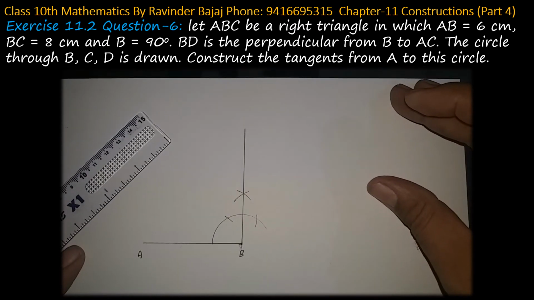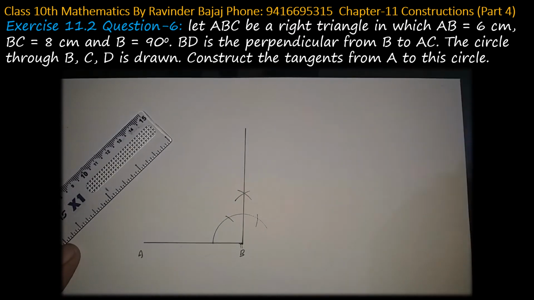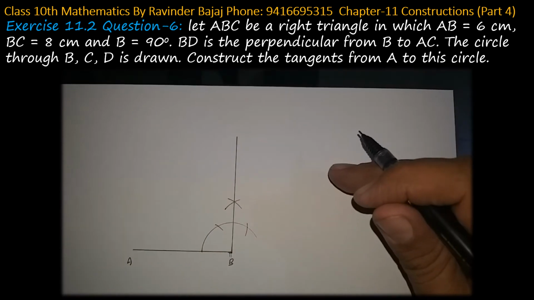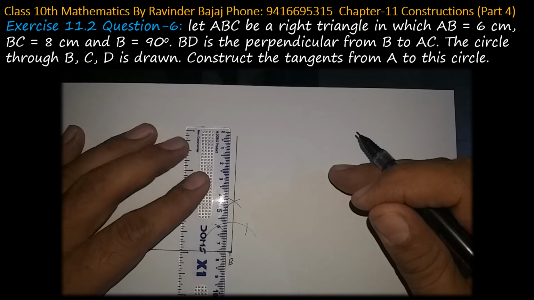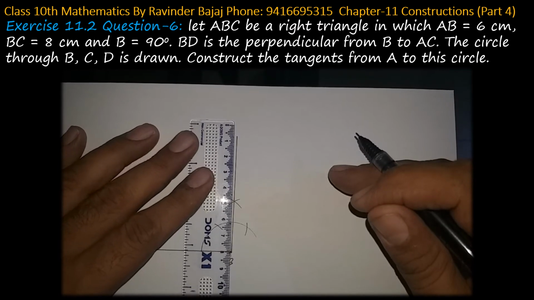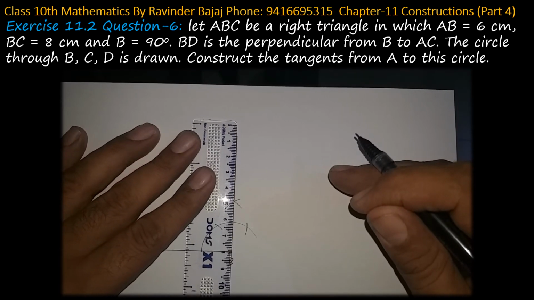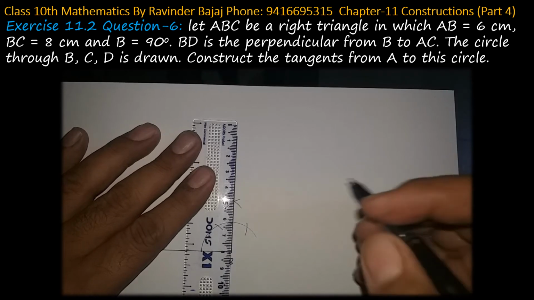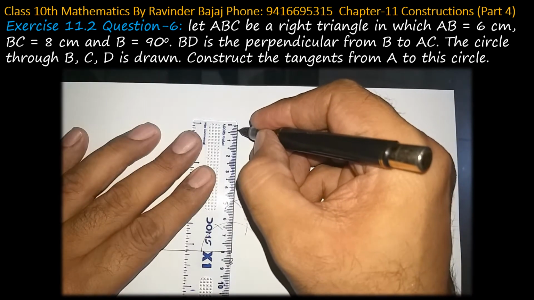And BC is given equal to 8 centimeters. So I'm taking 8 centimeter. This is 8 centimeter. You can open your compass 8 centimeter and mark it. That is also possible. So let's mark it. This is 8 centimeter.